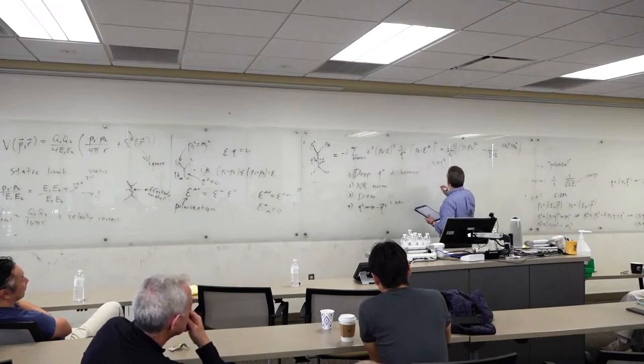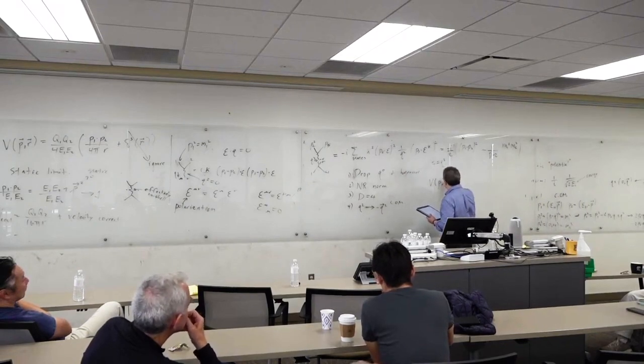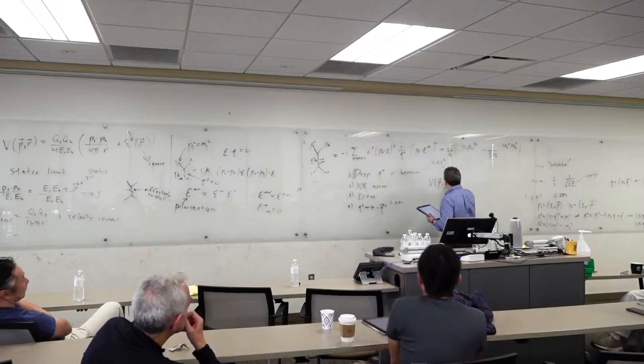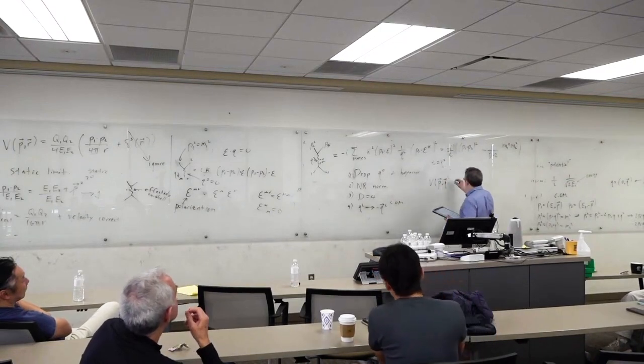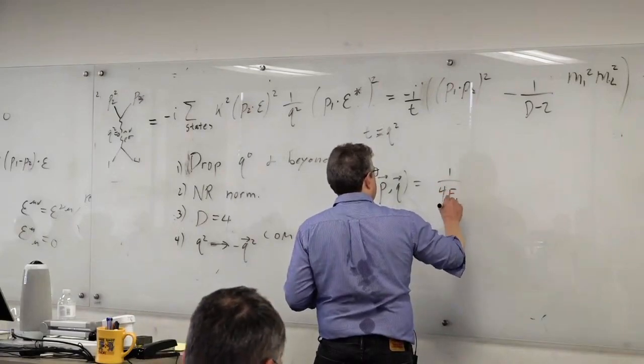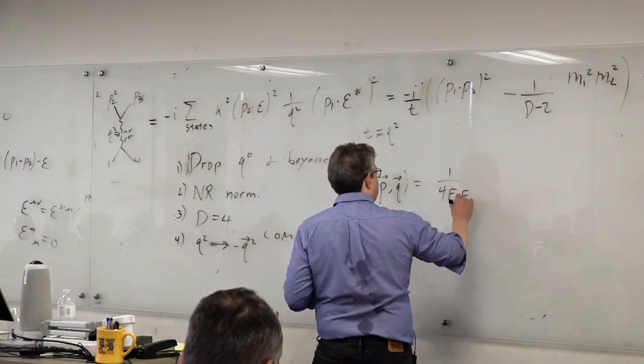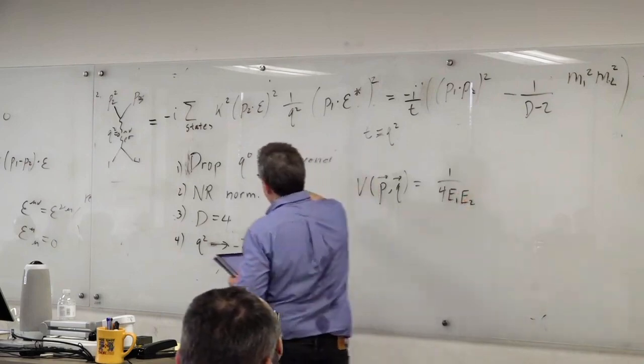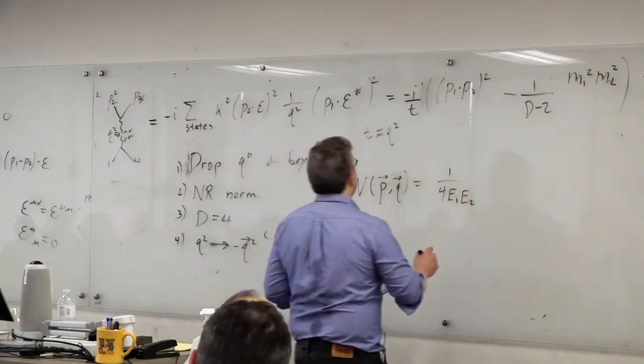I have to include the non-relativistic normalization, and that gives me V of P and Q. So 1 over 4 E1, E2, and then this thing.